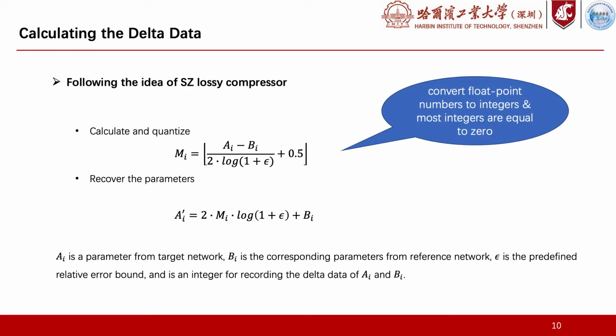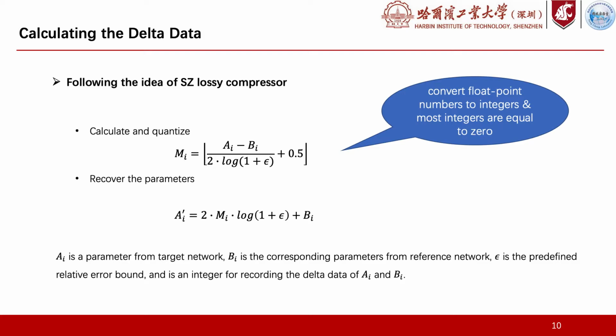About the first step, calculating the delta data, we follow the idea of the SZ lossy compressor. Specifically, we denote a parameter from the target network as A_i, and the corresponding parameter from the reference network as B_i. And the lossy delta data of floats A_i and B_i can be calculated and quantized to M_i as in the first formula.